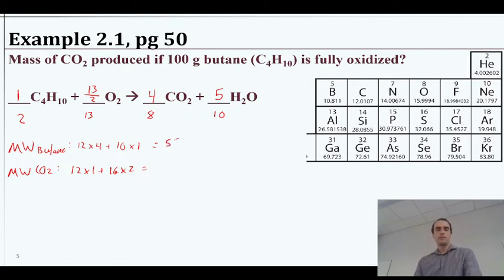So we'll figure out the LCM between the two.